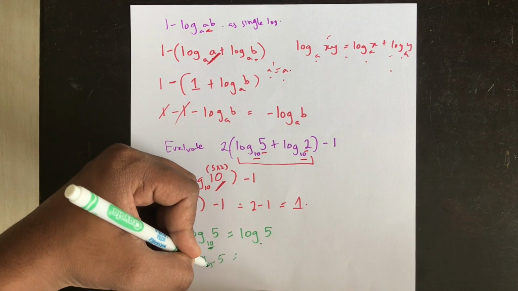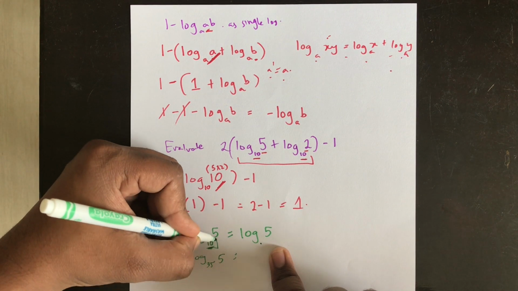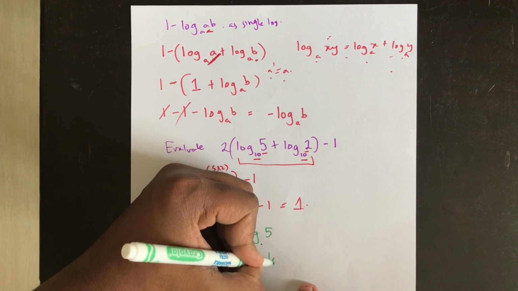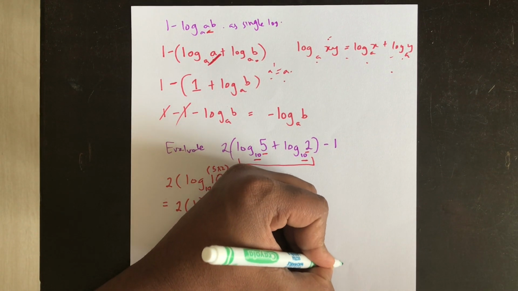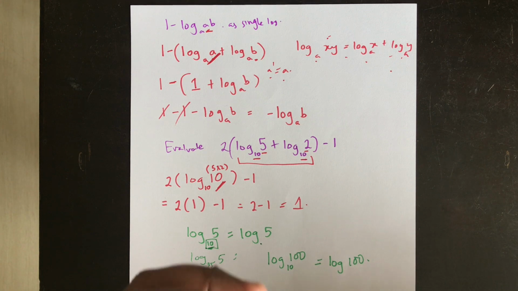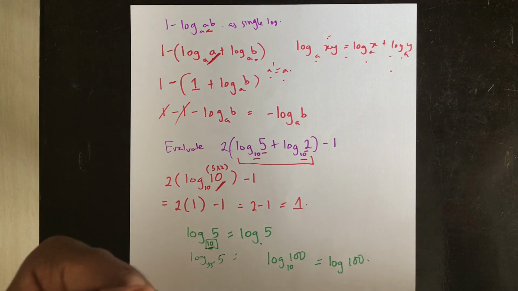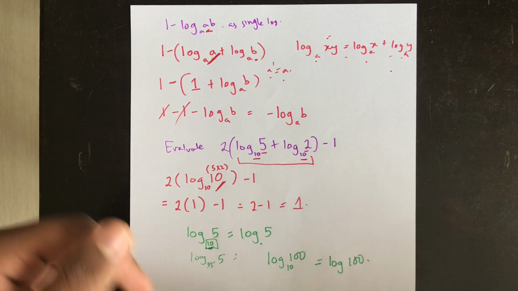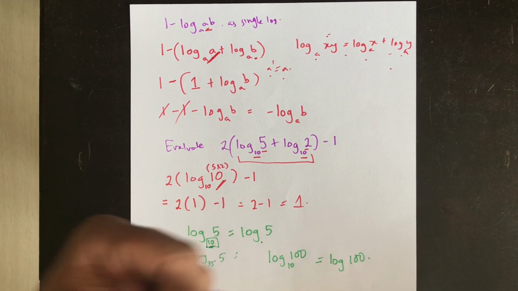If I have base 35, I still can't write it as log 5. It only applies to 10. So log 100 base 10 is the same as log 100. Just make sure you know this so that you don't get stuck whenever we are using these types of notations. Whenever you have 10 as the base, it's the same as without the base. So log 100 base 10 is equal to log 100.